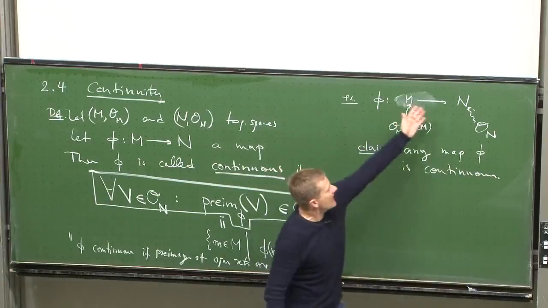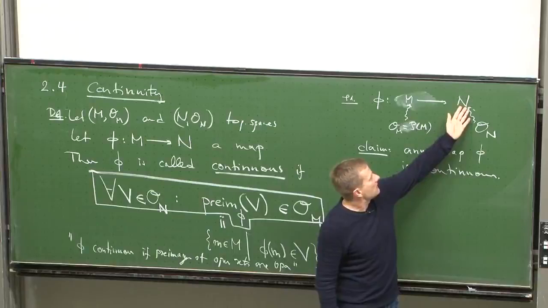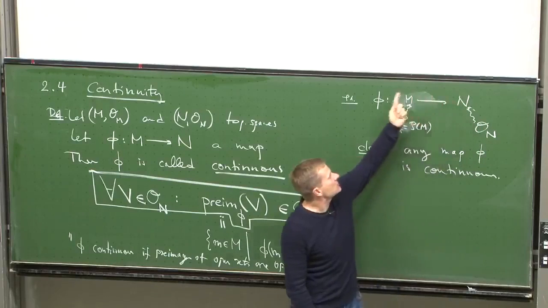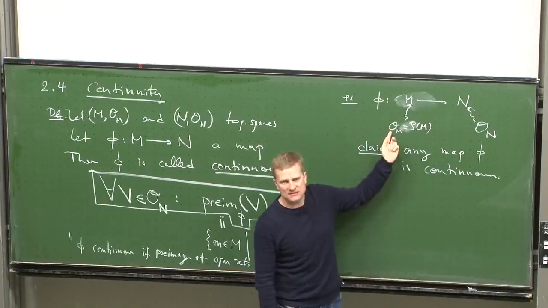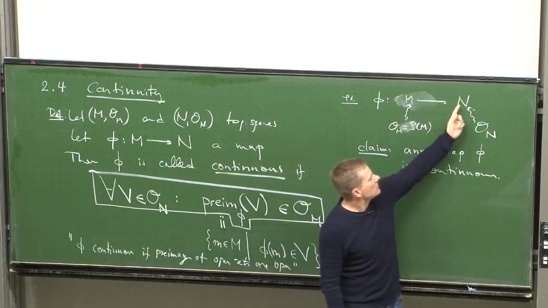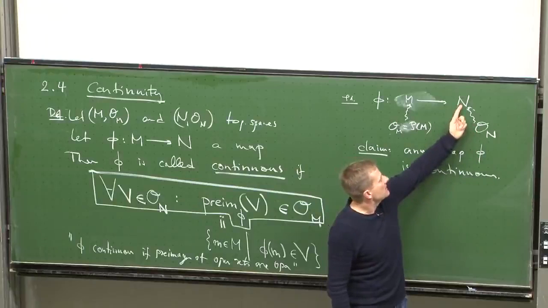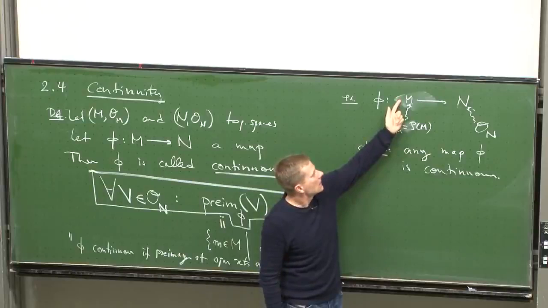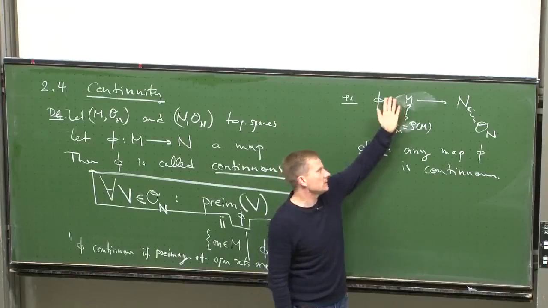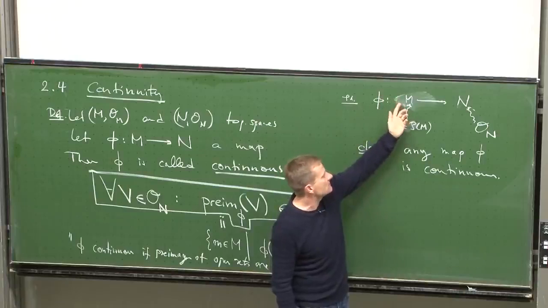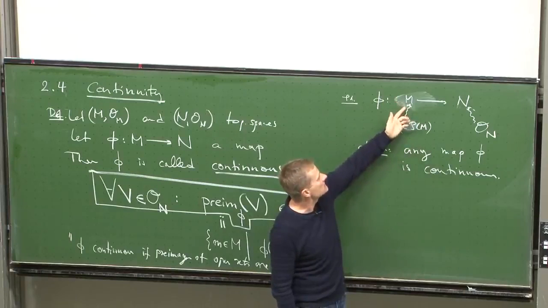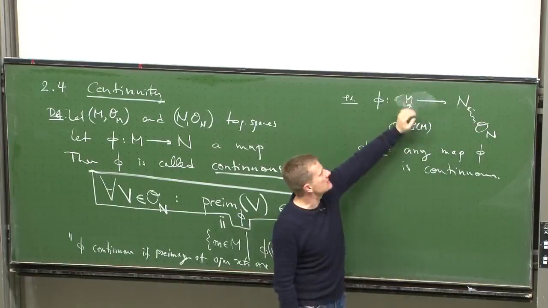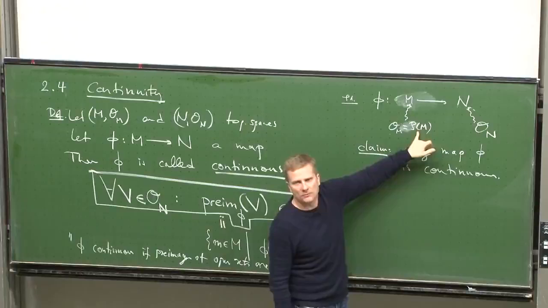Why? Well, you choose any open set here. It could be the empty set, which is open. What's the pre-image of the empty set? It's the empty set, which is certainly open. Now, you choose any other non-empty set. The pre-image could be any set. It doesn't matter. I shouldn't have made this distinction of cases. So again, take any open set here. The pre-image is certainly a subset of M, but every subset is open.